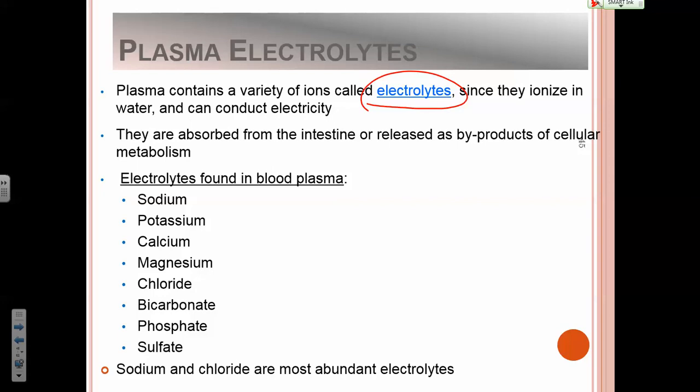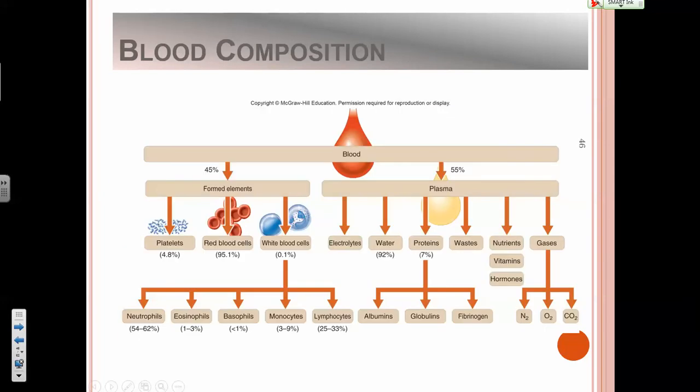Okay. All right. So we can go and analyze your notes and talk through your notes just by looking at this little flow chart. In a drop of blood, about 45% of it is your formed elements, and the bulk of that is your red blood cells called erythrocytes.